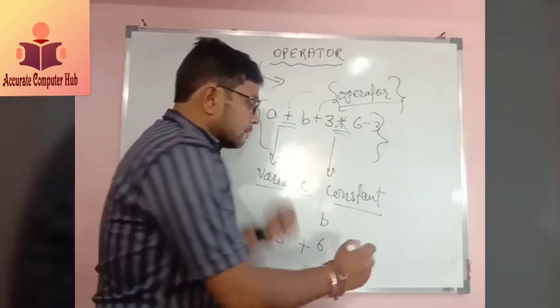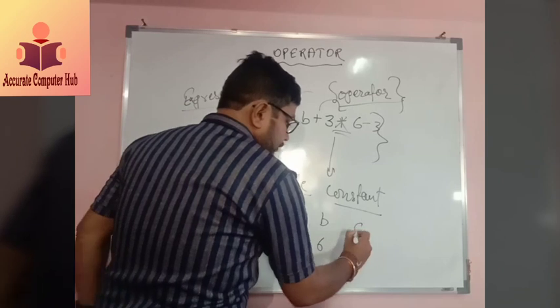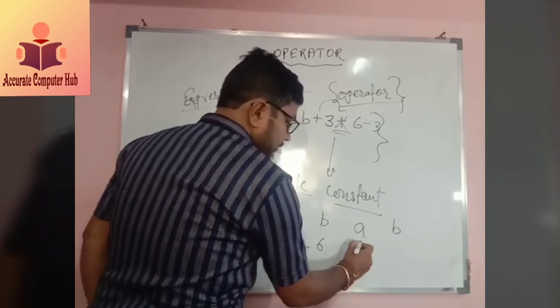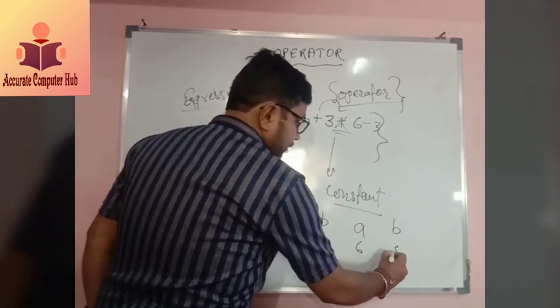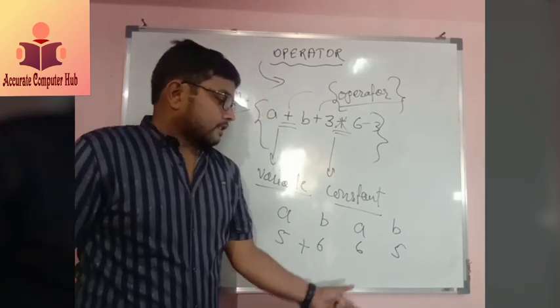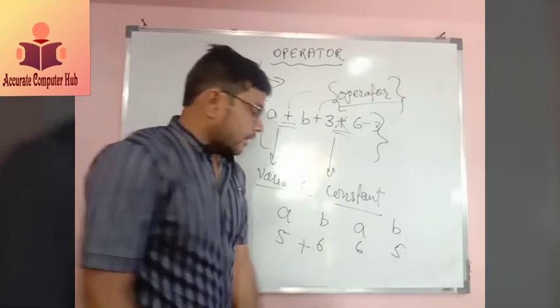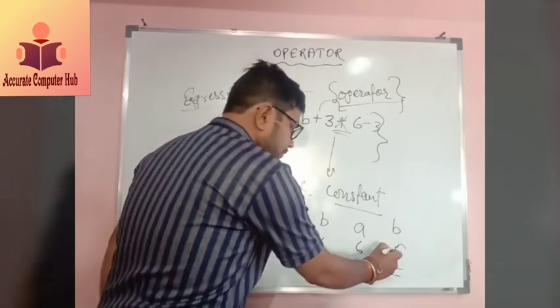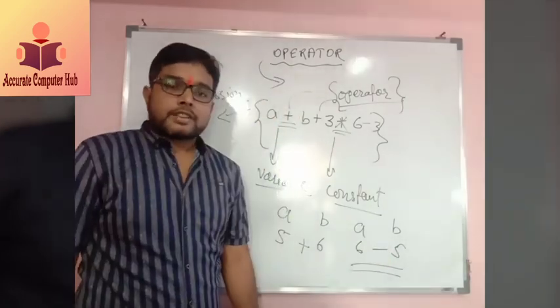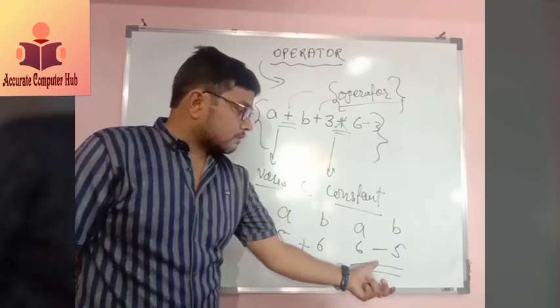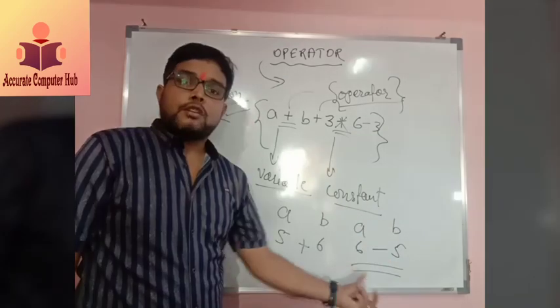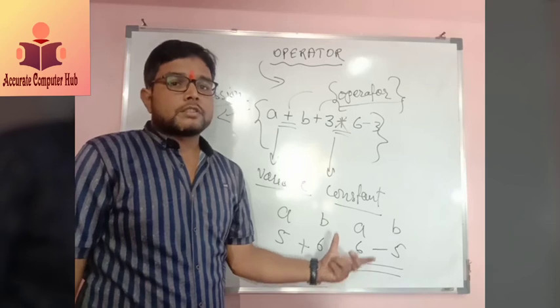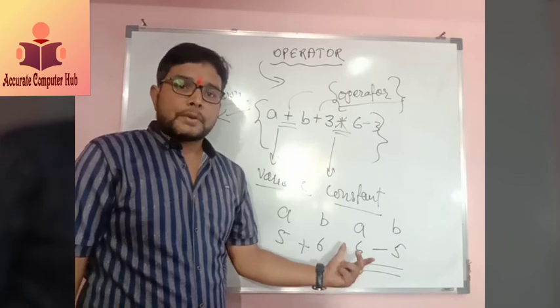If you want to perform a subtraction, with A as 6 and B as 5, then you need one minus sign. So the signs or symbols we use to perform any operation are called operators. This is the basic definition of an operator.